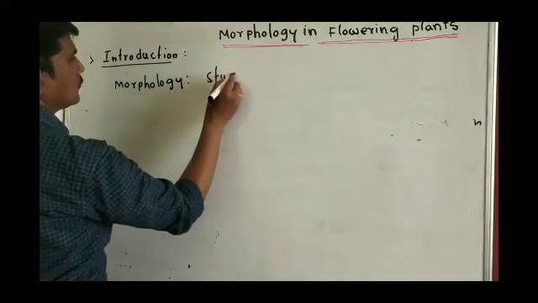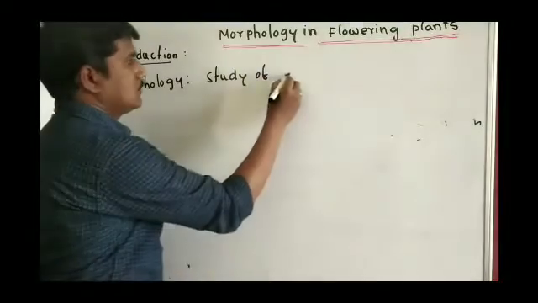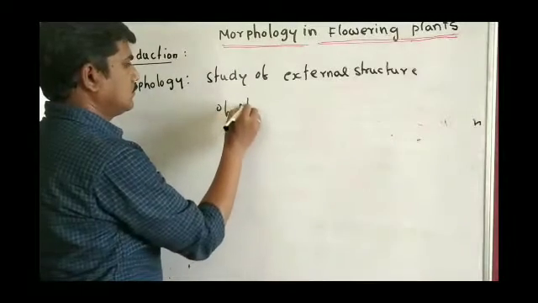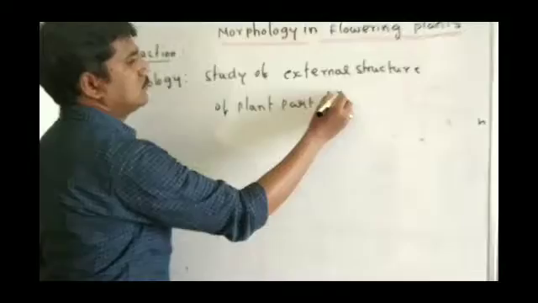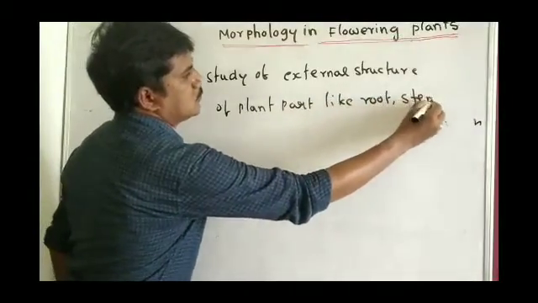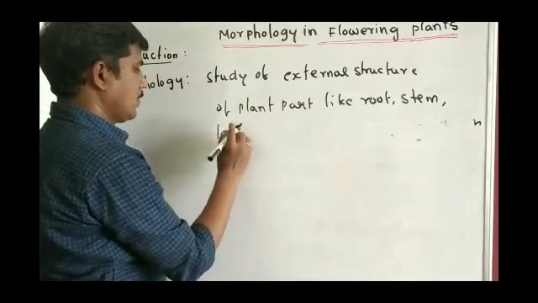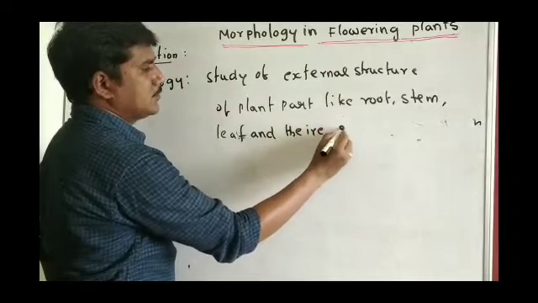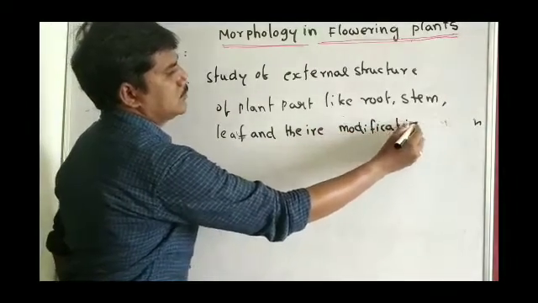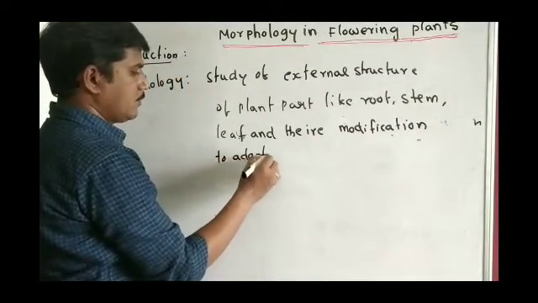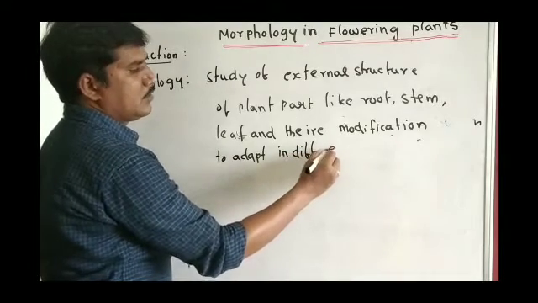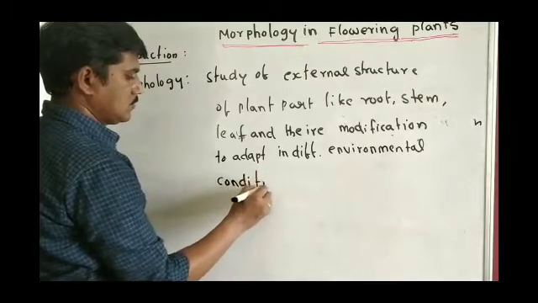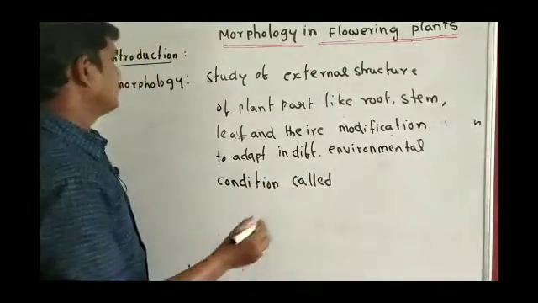Morphology is nothing but the study of external structure of plant parts like root, stem, leaf, and their modification to adapt to different environmental conditions. That is called morphology.